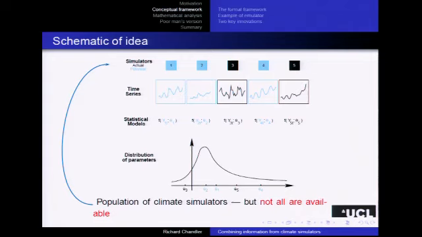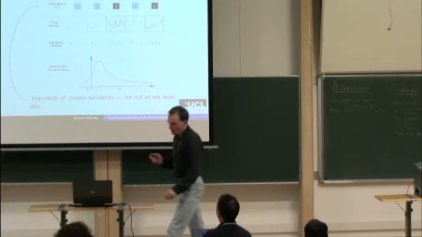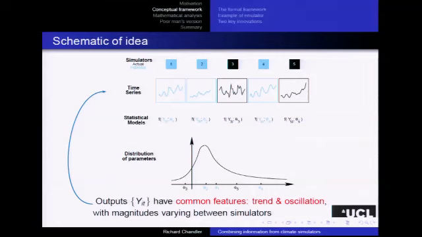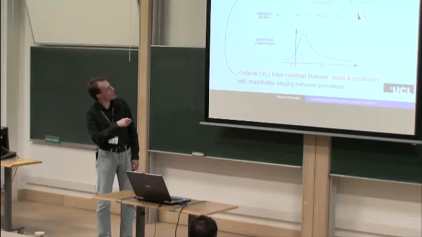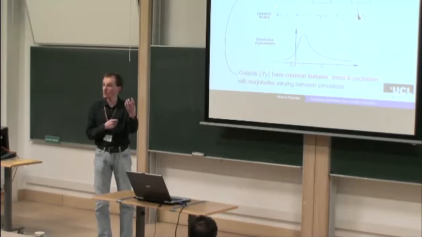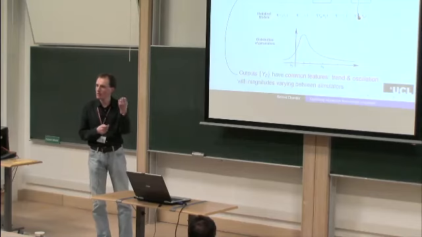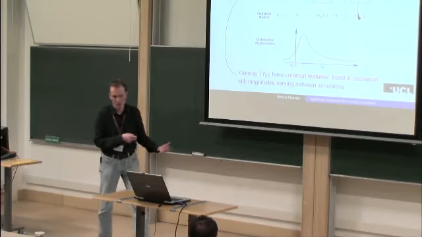Climate simulators are black boxes, unless they haven't been invented yet, in which case they're pale blue boxes. Each simulator produces some output, which in these cases is a time series. The outputs have some common features: trends, oscillations, some irregular components. The trends can be characterized by their slopes. That slope is a parameter in a statistical model, as is the amplitude of the oscillation.